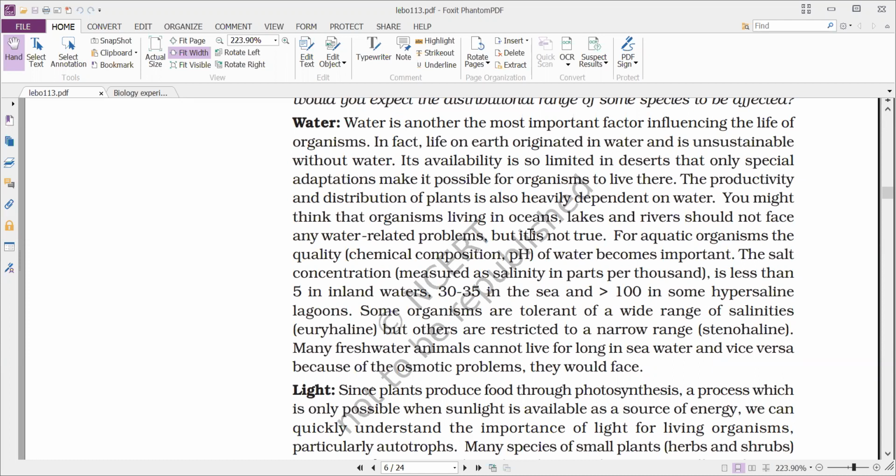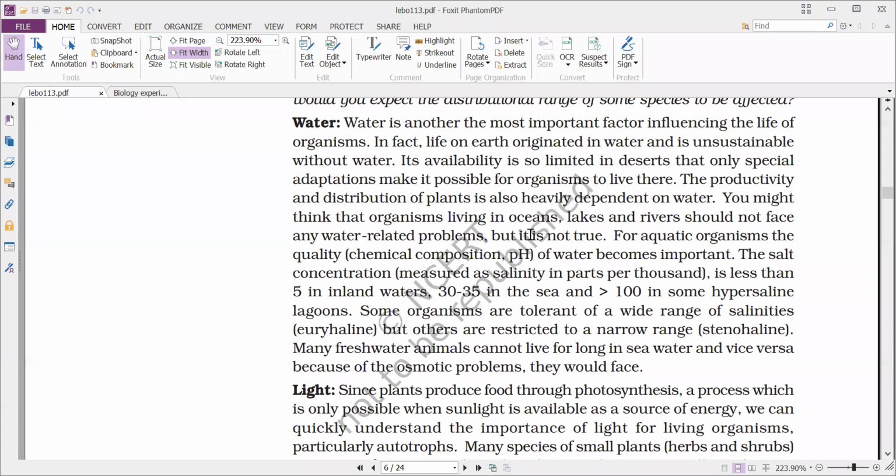Because of this difference in the salinity, the ocean water is having high salinity, whereas the body fluids of the organism is having less salinity. Low salinity means high water potential. That means higher water concentration.